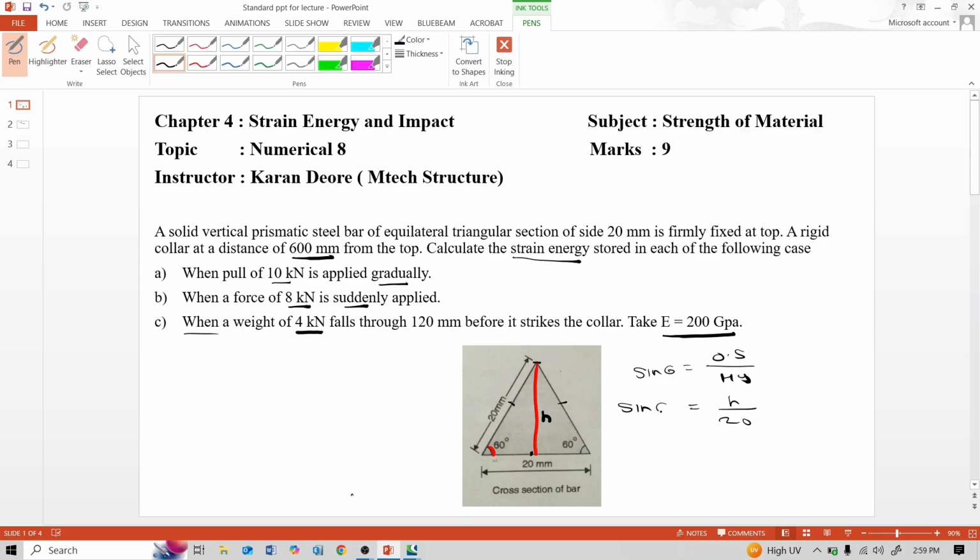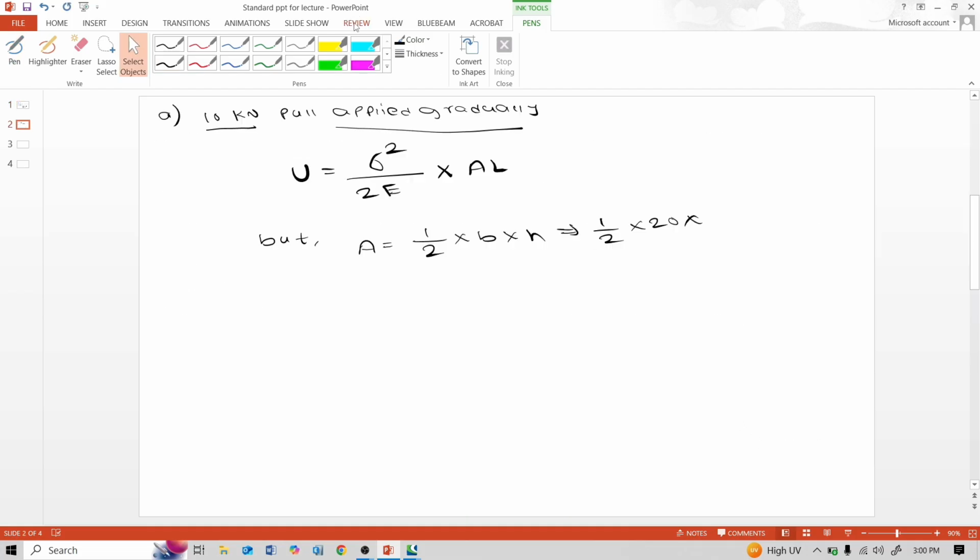So h is equal to sin 60 degree multiplied by 20. So this area is 173.21 mm square.